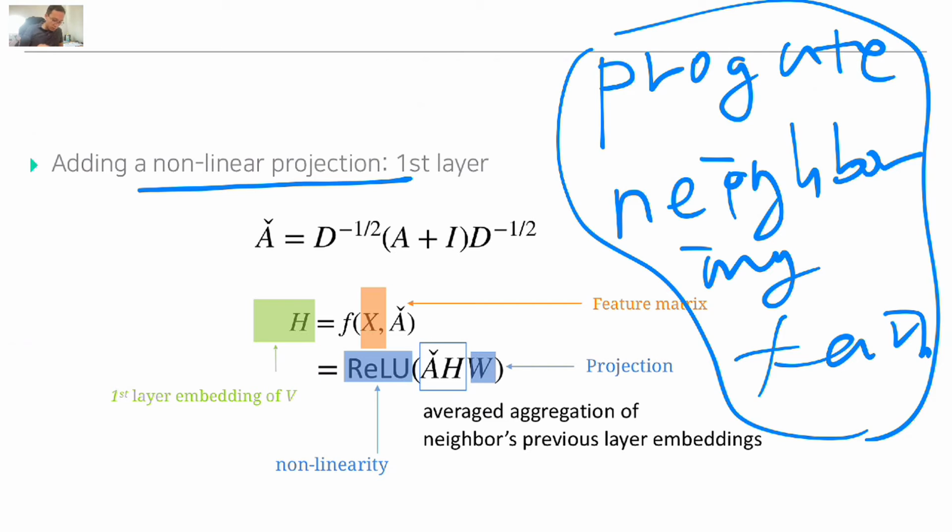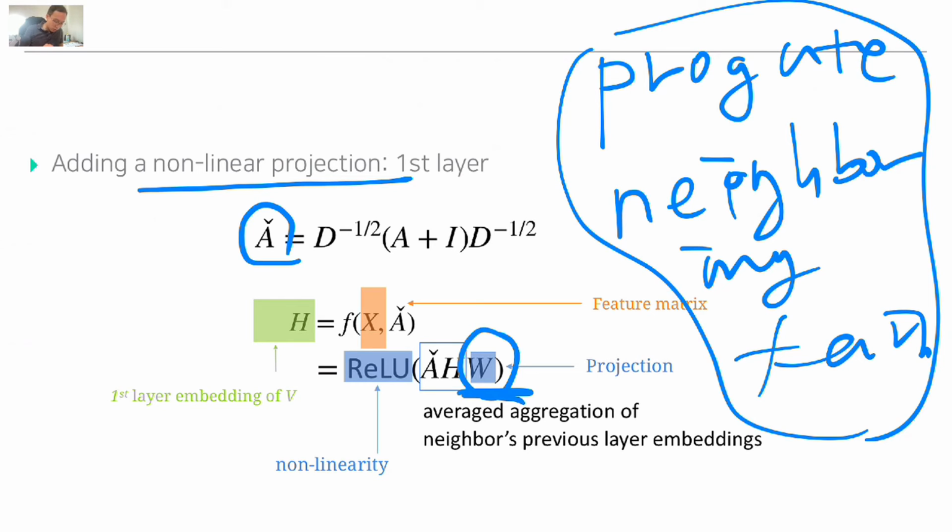So for that, we just multiply the trainable matrix W. Multiplying by W is the same as adding a neural network layer, right? A fully connected neural network layer.